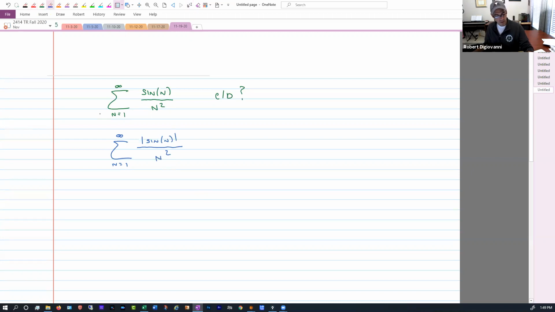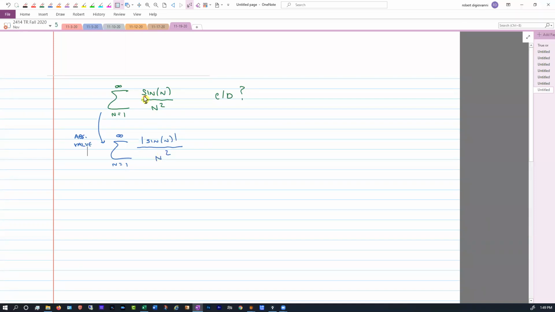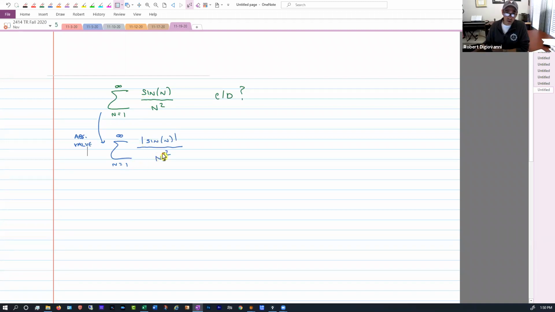Let me write this down. So what I did here is I took the absolute value of the series. And now I'd like to know, does this converge? Because if this does converge, what can you tell me about this? Then this converges also, by the theorem I just gave you. But I have to still show that this converges.